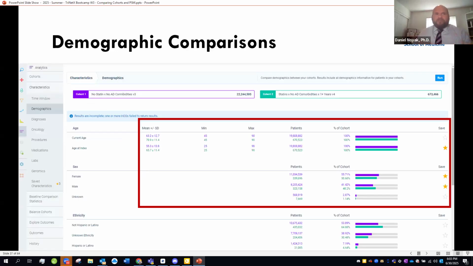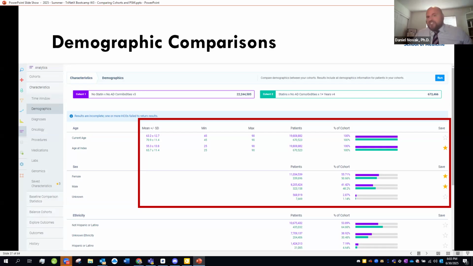So after you've hit the Run button, it's going to take you to this page that says demographics. And what's really important about this demographics page is it's going to tell you basically how each group in your subset is represented in the cohorts.